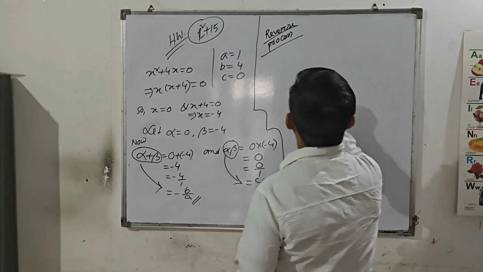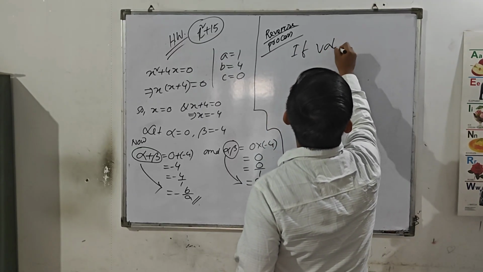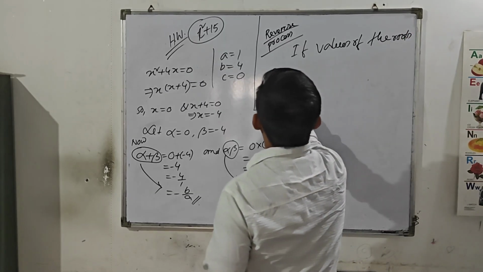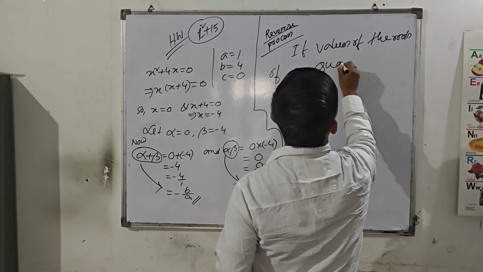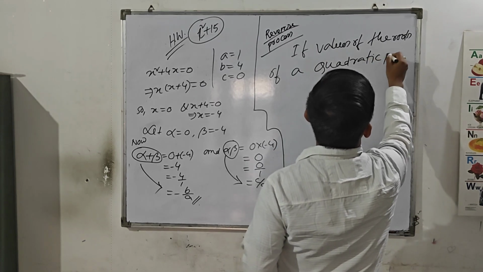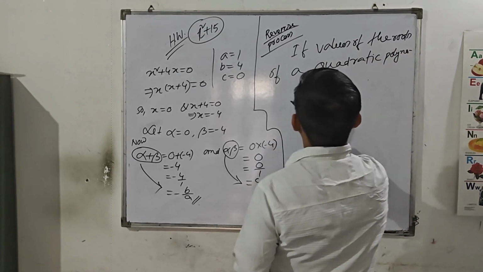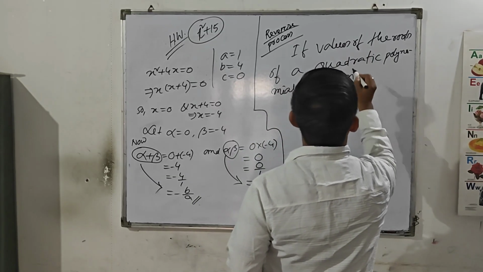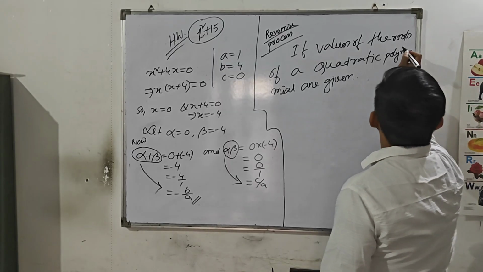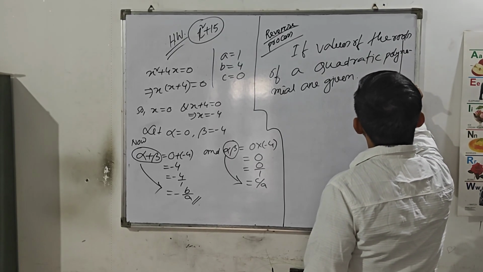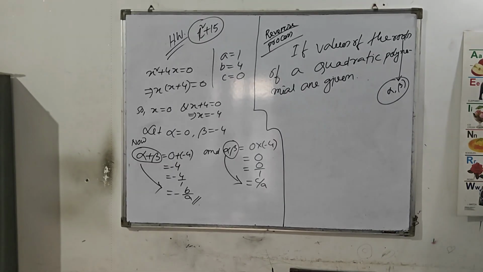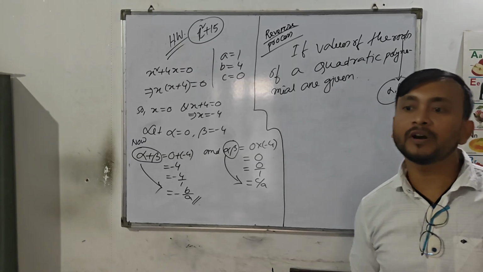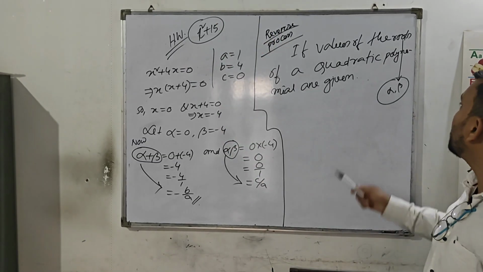But if the values of the roots of a quadratic polynomial are given, suppose assume the roots as alpha and beta, just imagine the roots are alpha and beta and their values are given, then is it possible to create the polynomial from which we are getting these roots?